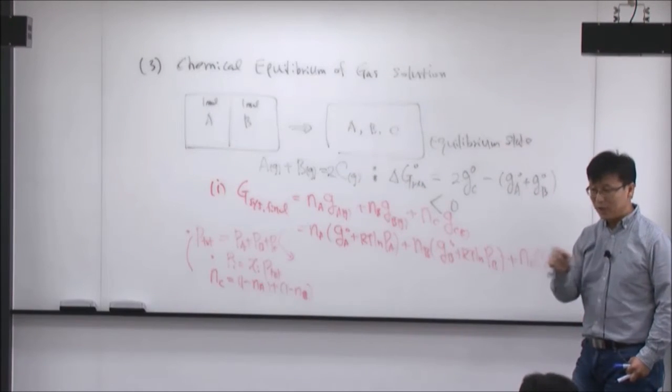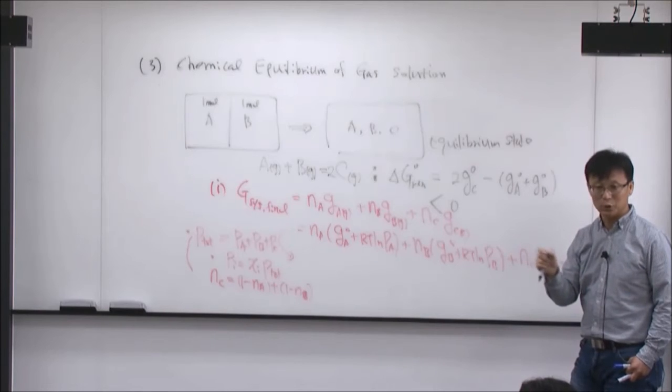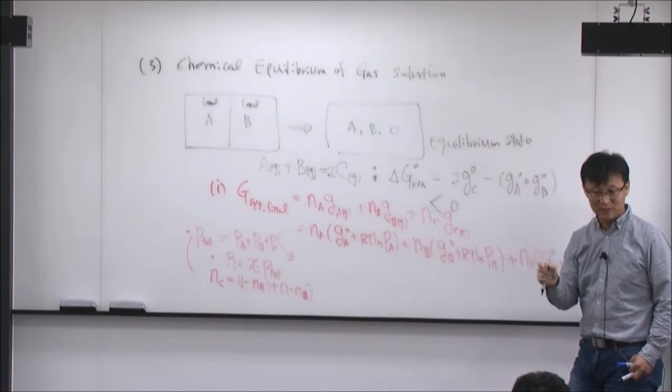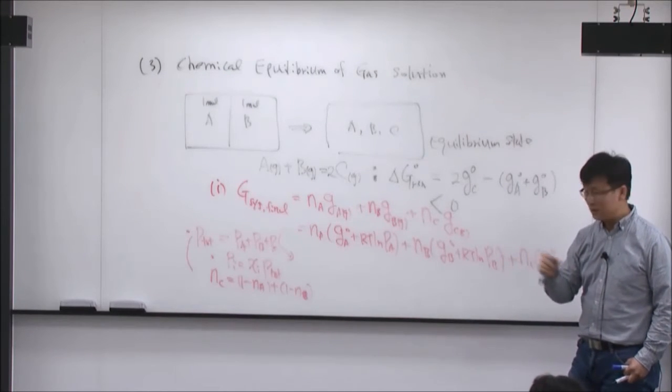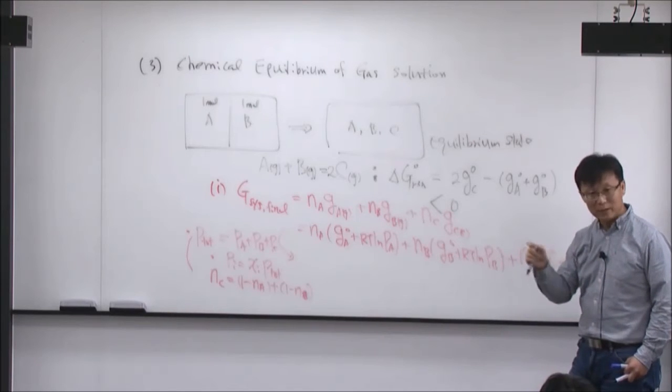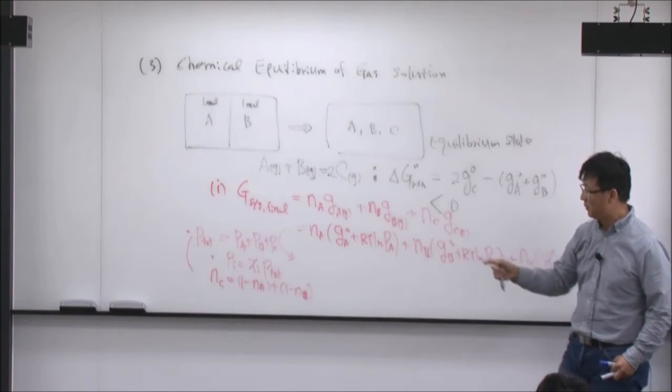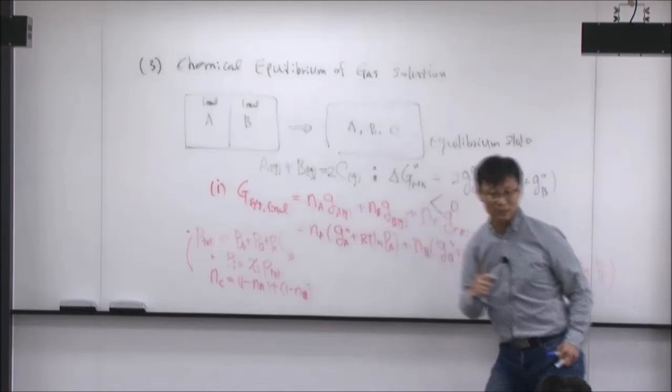So I change the mole fraction XA, then automatically XB will change and XC will be determined from there. Do you understand? So by changing XA, we can numerically calculate where the minimum Gibbs energy of the total system is.